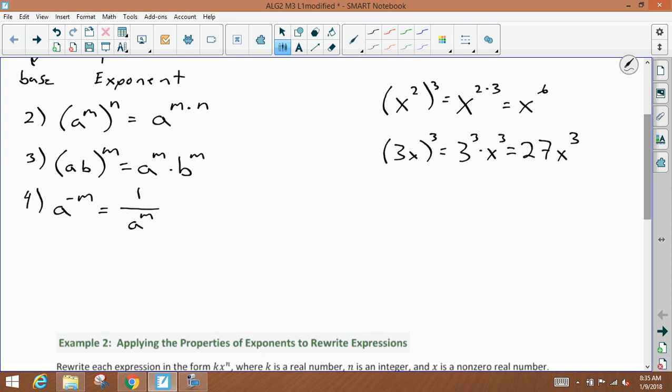Negative and m is a negative. So it would become positive. No, that's good. That's a good question. You will come across that. All right. So, for example, if I had x to the negative 2 power, this is the same thing as 1 over x to the positive 2 power.